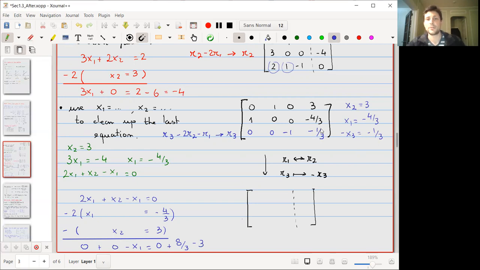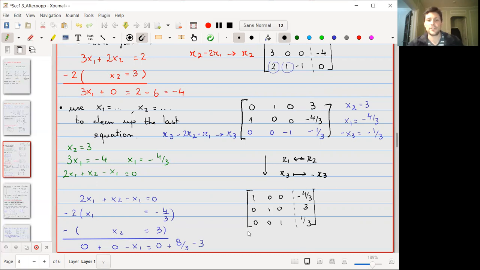That's what I read from looking at the augmented matrix here. Let's clean this up by just putting some order into them. So my second row will become the first row, traded to the second, and the third row, I can multiply it by -1 to make it look nicer.